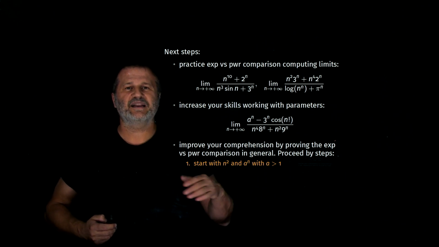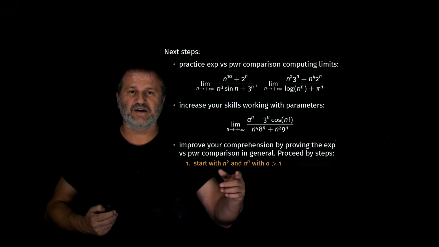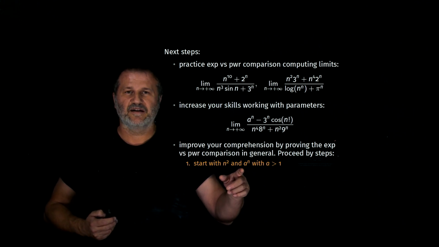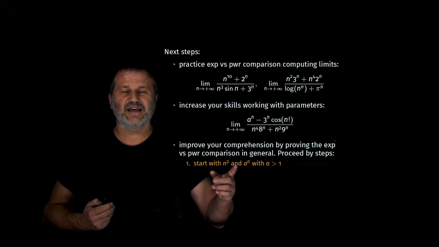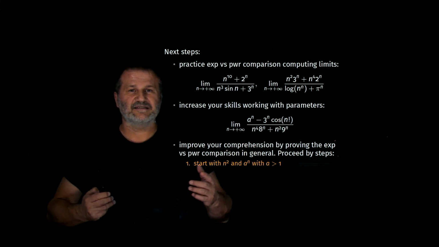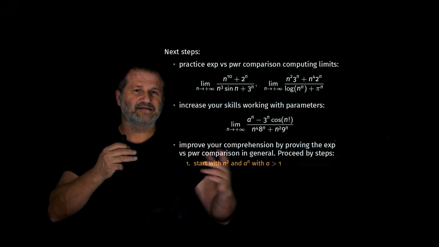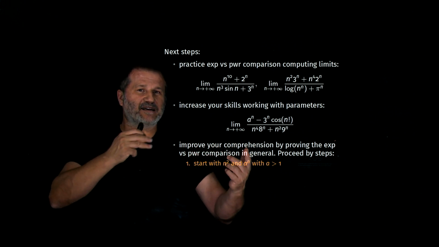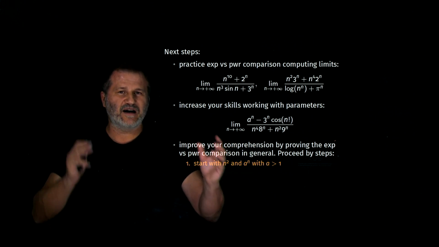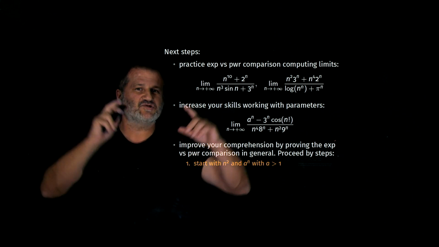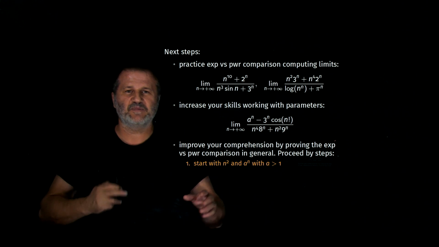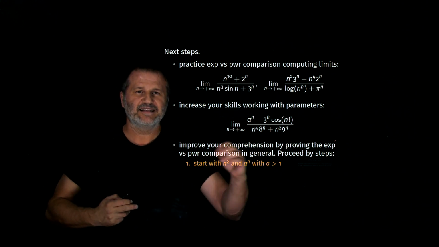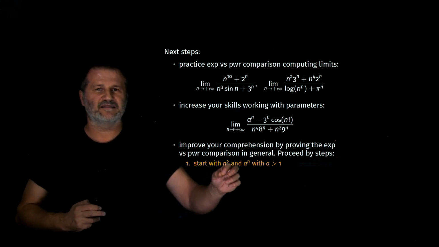So start comparing n or n squared to a to the n. The idea you have to use is to write this exponential a to the n as (1 plus (a minus 1)) to the power n, since a is 1 plus (a minus 1). And then use the binomial expansion and try to repeat the same kind of argument we did.